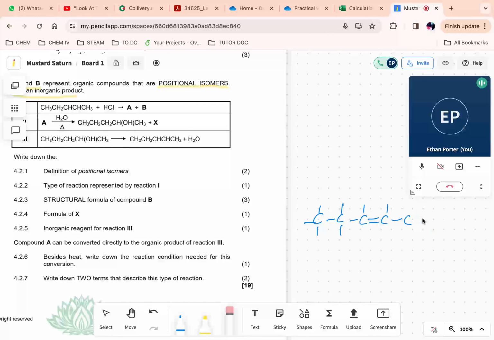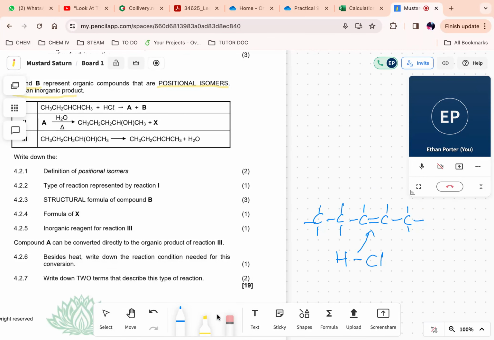Just to be consistent, I'll draw in the sticks that represent hydrogen. And then we have HCl. And what we know is that HCl is adding across this double bond.